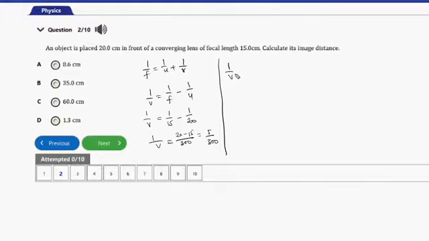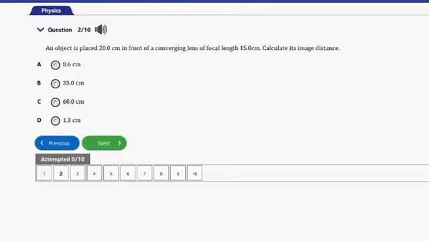In that case, 1 over v is equal to 1 over 60. So if we want to find v, it becomes 60 over 1, which is 60. So the answer to this question, guys, is option C, 60.0 cm. And that's it for this question. Let's go ahead and consider the next question, guys.